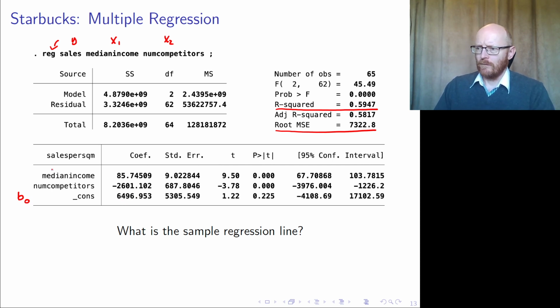Okay, so what we turn our attention to is the median income, and this would be the B1 coefficient, and the number of competitors has gotten a negative coefficient.